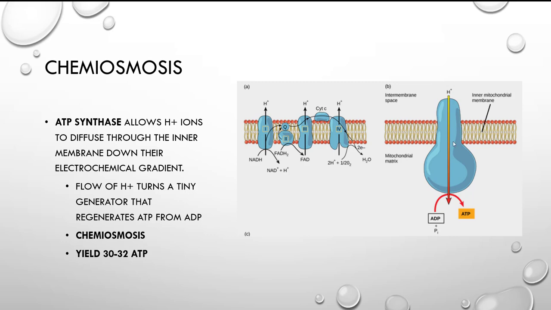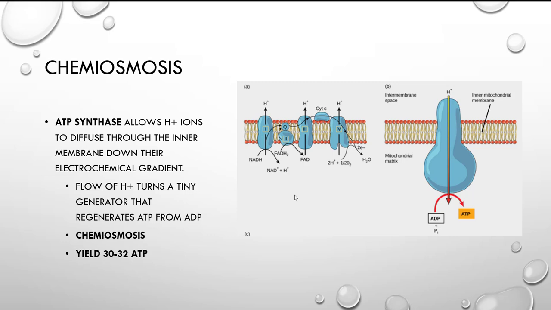So this is what we call chemiosmosis. Chemiosmosis is basically just chemical osmosis, so basically the flood of hydrogens across the membrane. And this whole process is a high yielding energy source. This is yielding anywhere from 30 to 32 ATP during this process.